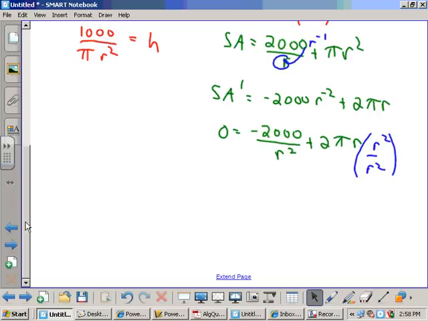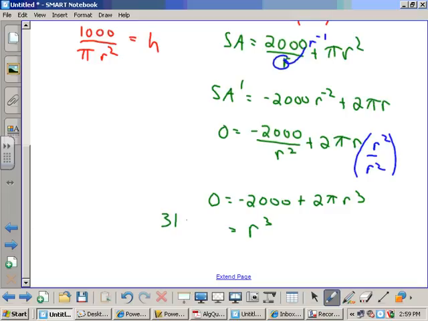So we need a common denominator. Now I'm going to solve for the numerator. So 0 equals negative 2,000 plus 2 pi r cubed. So I'm going to add 2,000 and divide by 2 pi. I'm taking this out 3 decimal places.